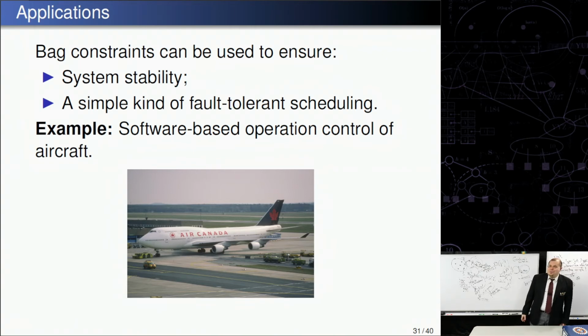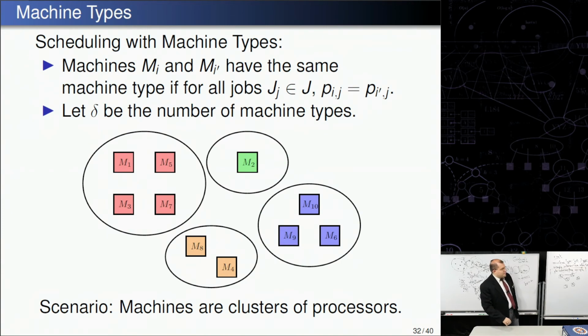I'm not sure, it would depend on the model, but my point is that in a big complex system, whether it be software on an aircraft or on your computer or on a network, you would not want all your important tasks clustered on one machine. You'd want to spread them across as many machines as you can. That's the general idea here. So that's at least one of the main reasons why you might study this problem.